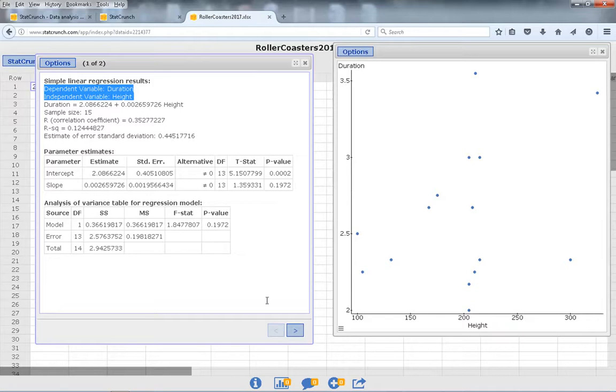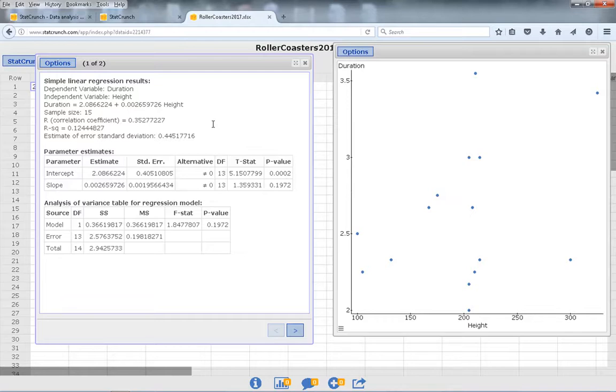So there are lots of different ways you can find the variables, but basically we would say under the null, duration and height are not linearly related, or duration and height are not correlated. Under the alternative, we're going to say duration and height do have a linear relationship, or they are correlated.